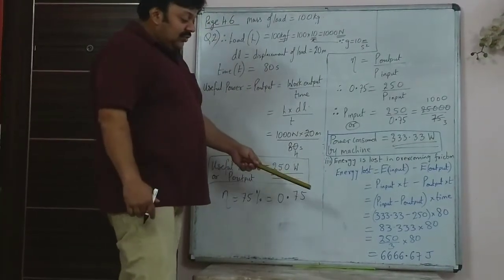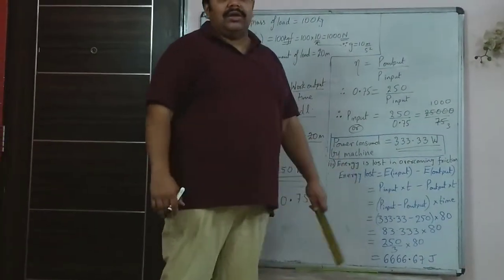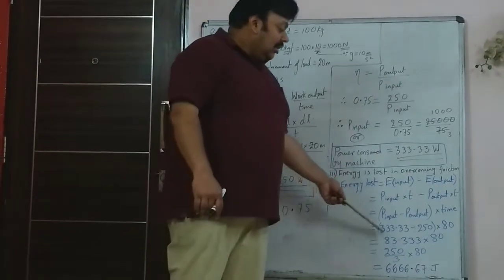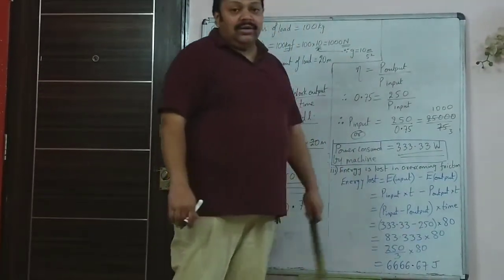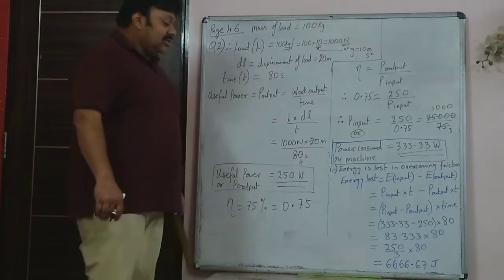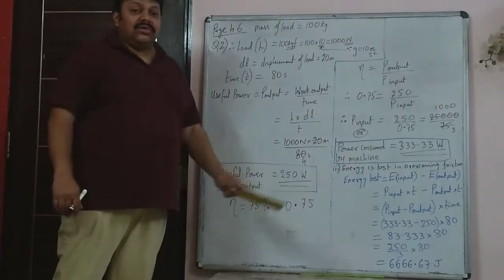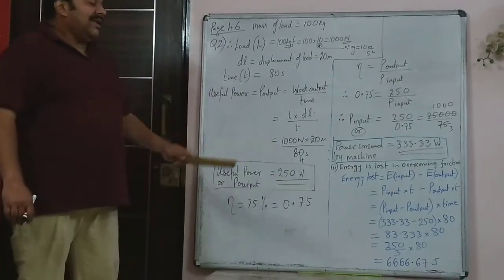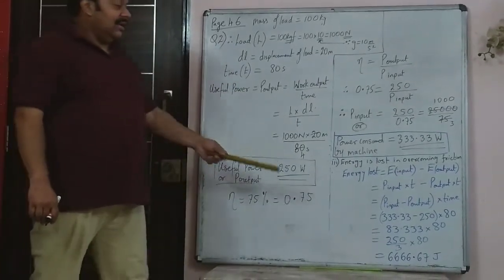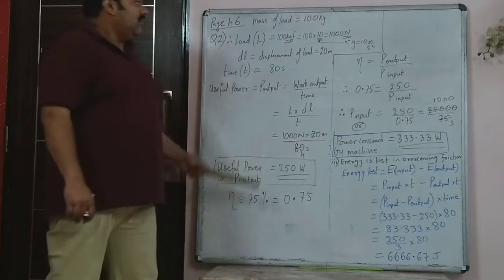You can write 83.33 as 250 upon 3, or you can directly multiply and find. You will get 6666.666 recurring, so 6667 joule. That is the energy lost, and that energy is lost in overcoming friction.